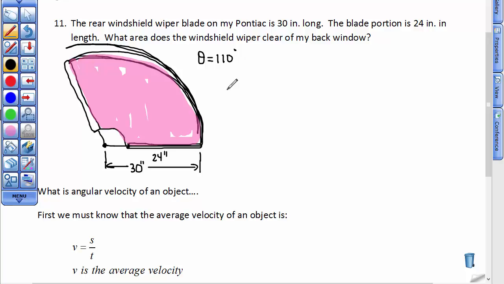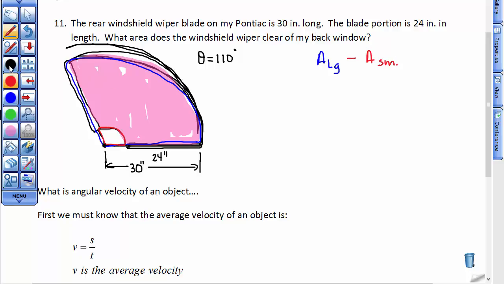Any chance you can see that what you've got to do is find the area of the large sector. I'm going to highlight that in blue. The area of the large sector. So let's find the area of the large sector, and let's subtract the area of the small sector right here. Both of those go through a 110-degree angle.